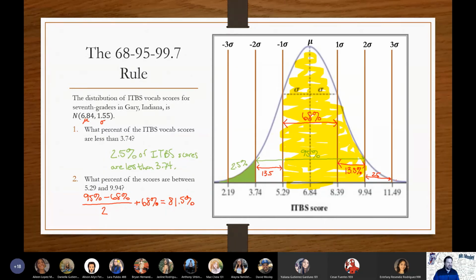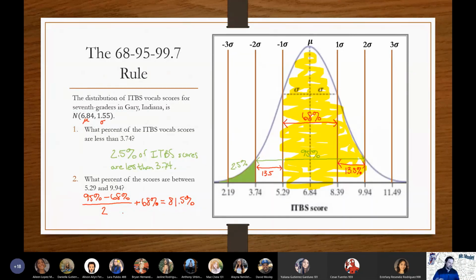We get these little bits and pieces. I'm sorry, 2.5 is all the way over. Between here and here is a little less than 2.5. Sorry, that's from 2.5 over. I'm going to erase this. All right, so that's how we can use this information.